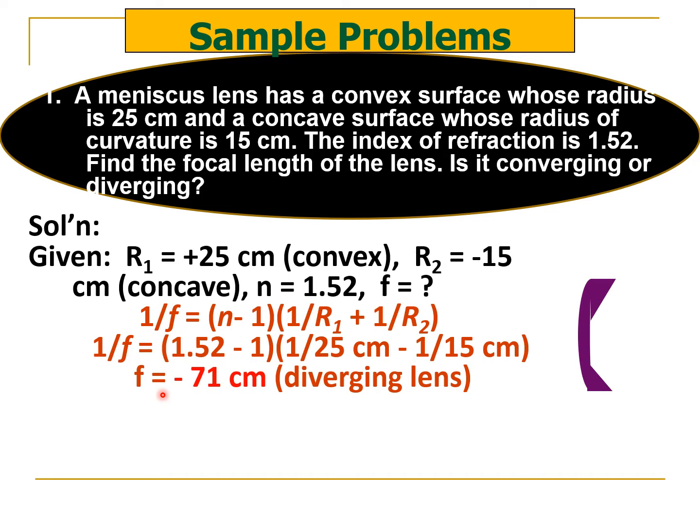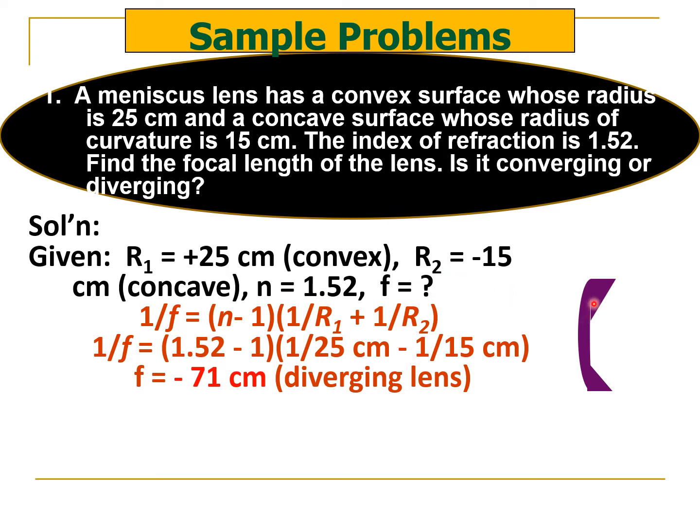So using our sign convention earlier, if the focal length is negative, then the lens is a diverging lens. As shown in the rough sketch, notice that the surface that is convex has a greater magnitude for the radius, 25 centimeters, as compared to the concave surface whose radius is only 15 centimeters.